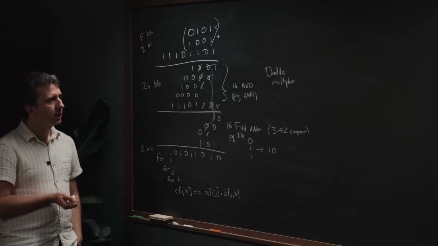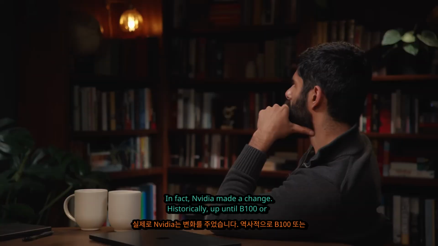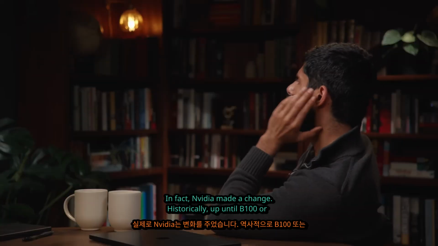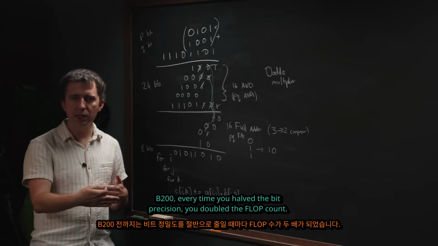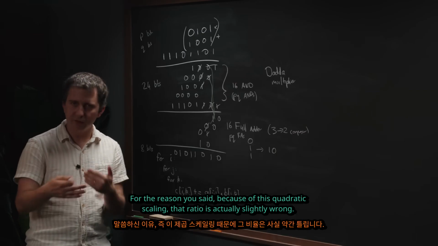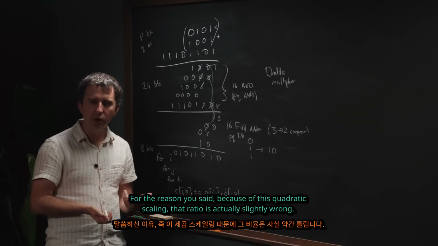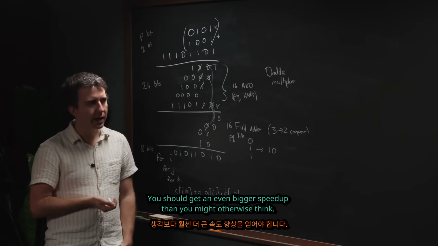So in fact, NVIDIA made a change. Historically, up until B100 or B200, every time you halve the bit precision, you double the flop count. That ratio is actually slightly wrong, because of this quadratic scaling. You should get an even bigger speedup than you might otherwise think.